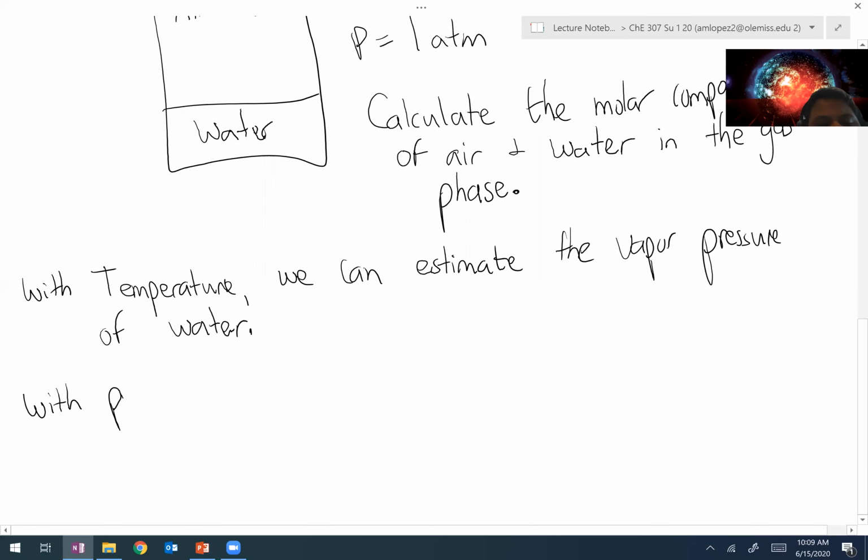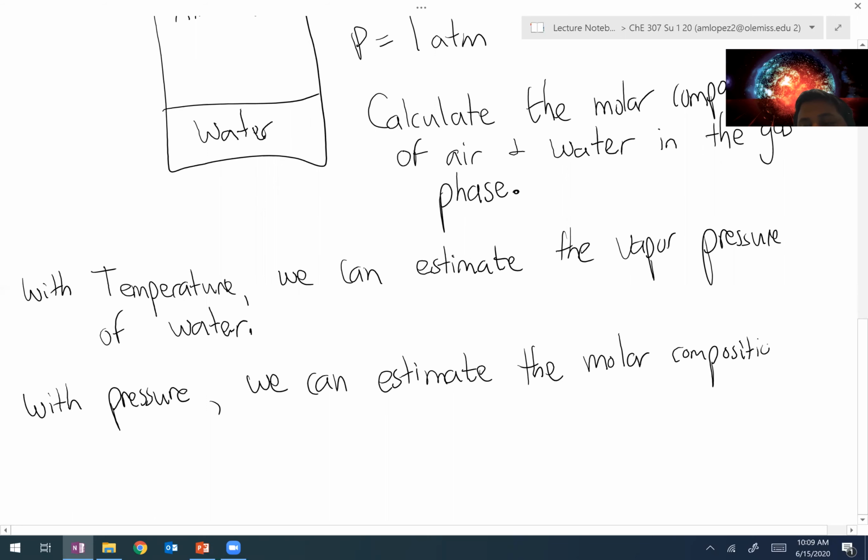And so with the pressure, we can estimate the molar composition of water if we have the vapor pressure of water.